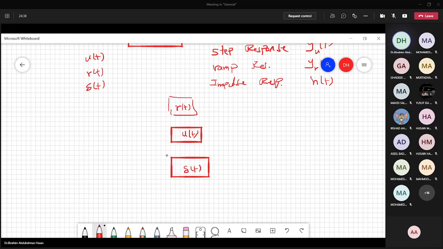So as we said, from here to here, or from here to here, we use d by dt.